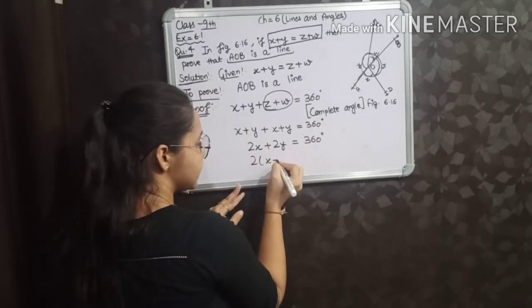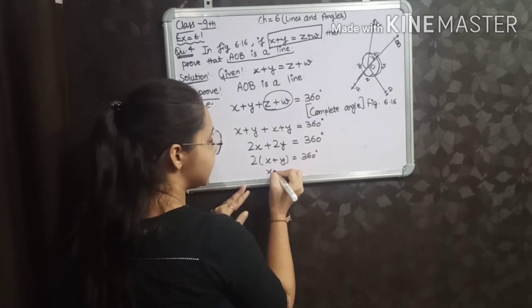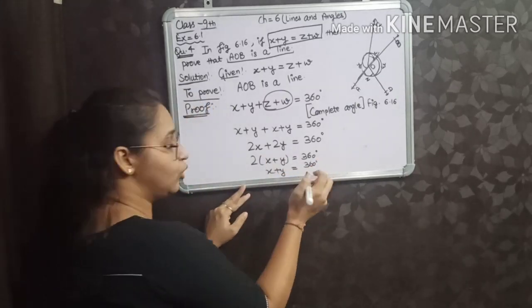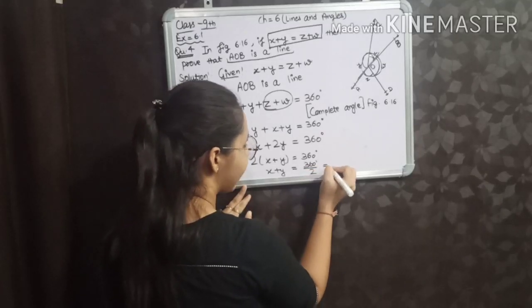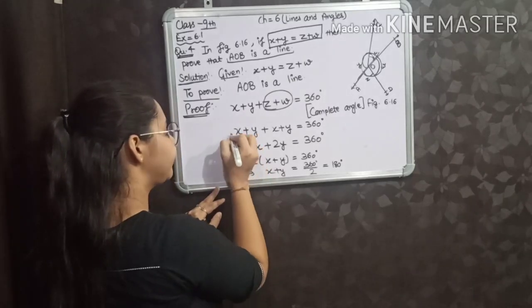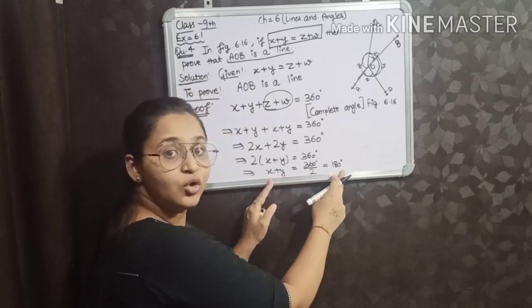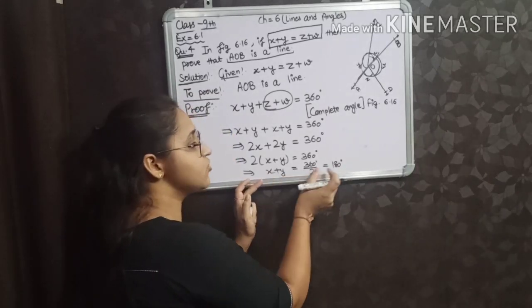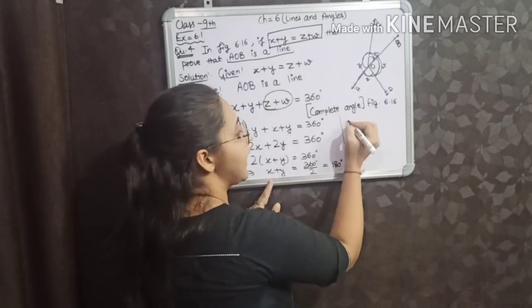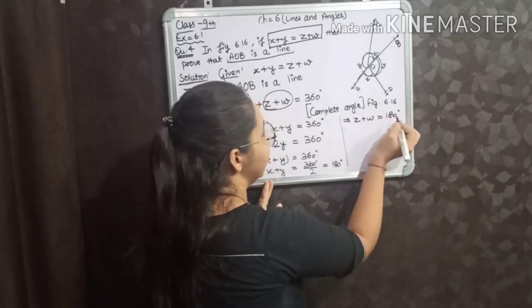It will give 2 times x plus y is equal to 360 degrees. Now x plus y will be equal to 360 degrees divided by 2, as this 2 will come to that side in division. So finally it will give you 180 degrees. It means you have angle x plus angle y is equal to 180 degrees, and if x plus y is 180 degrees, then since x plus y is equal to z plus w, it implies z plus w is also equal to 180 degrees.